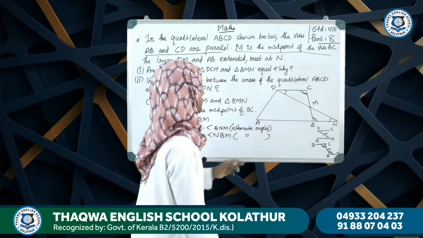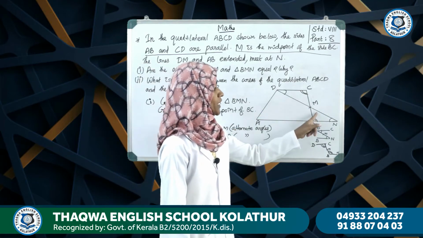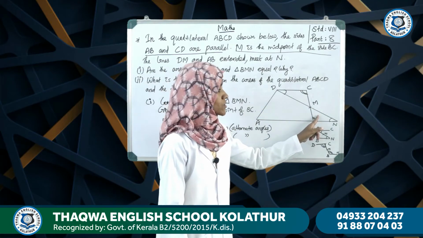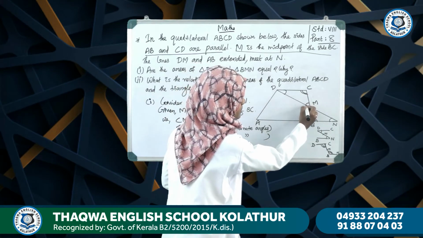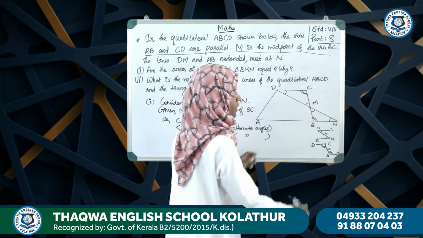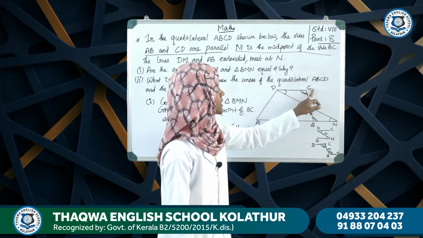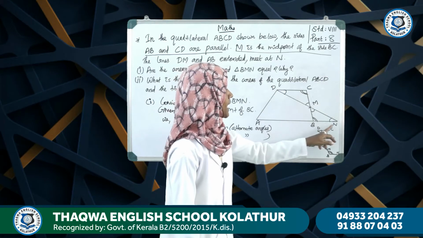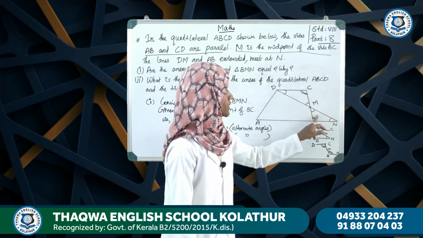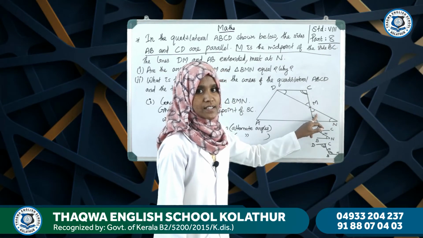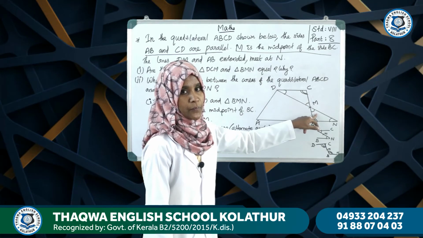Okay. So from this we can say that two pairs of angles of these two triangles are equal, so the third pair is also equal. These are the opposite angles: angle CMD equals angle BMN. These two angles are also equal.